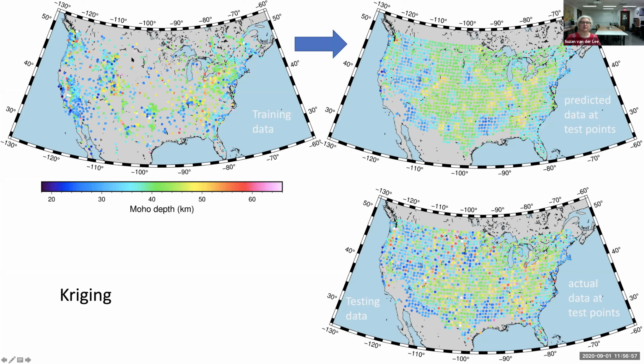We don't have information here. So essentially we end up with a green 40 kilometer deep MOHO, which is completely not consistent with what the transportable array data are telling us. So predictions are good where we actually have constraints from data, and predictions are not so good where we didn't have enough data. Very understandable.